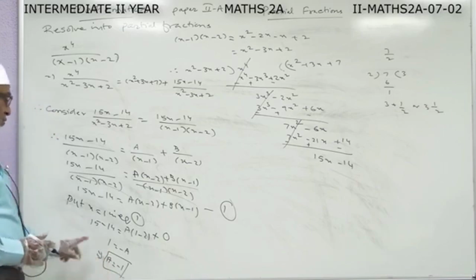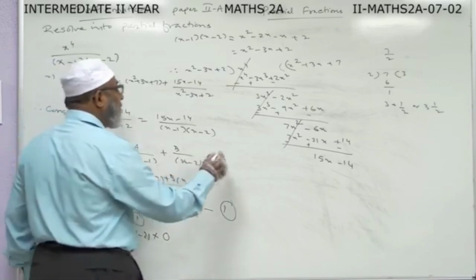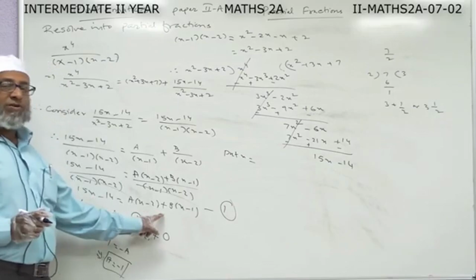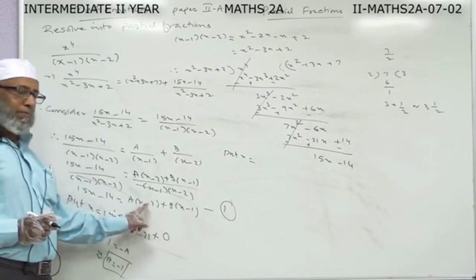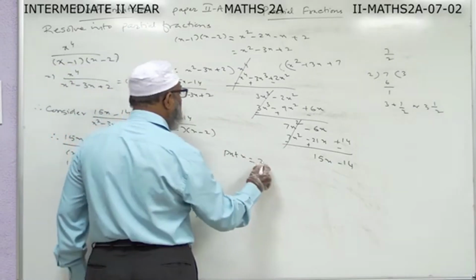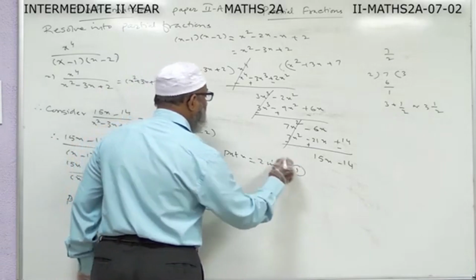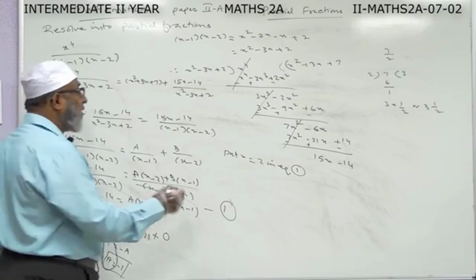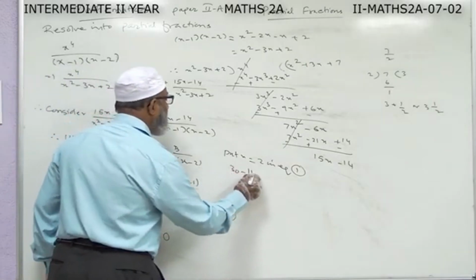Is it clear? So again, here minus 2 is there. What is the opposite number of minus 2? Plus 2. So put x equal to 2 in equation 1. Now, if I put x equal to 2, what happens? 15 times 2 is 30, minus 14.